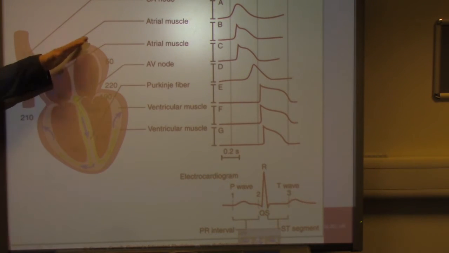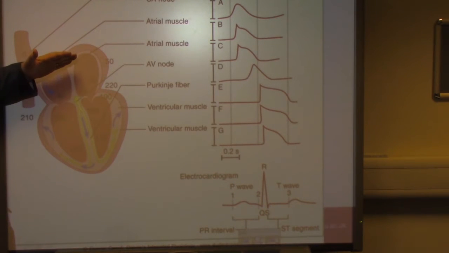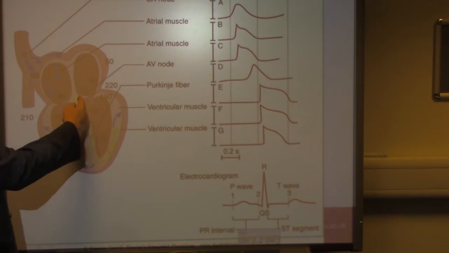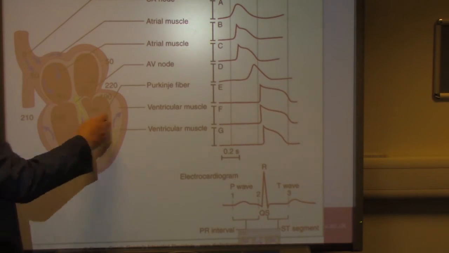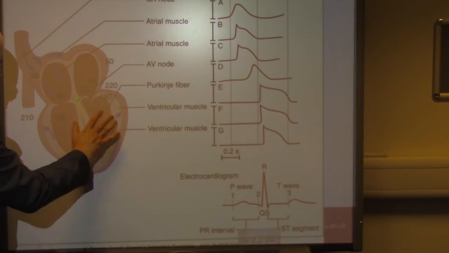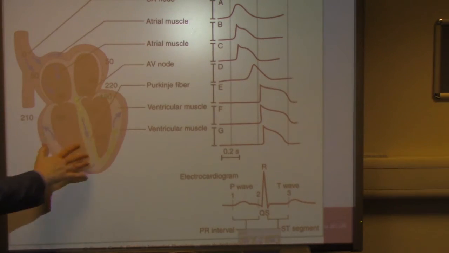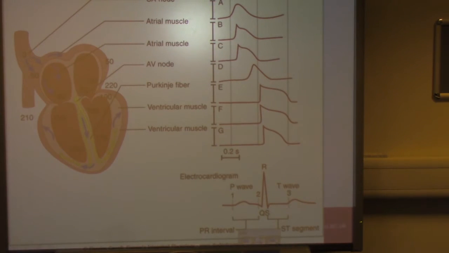The wave of excitation then reaches the atrioventricular node, which carries the electrical impulse from the atria to the ventricle, and it spreads down through the Purkinje fibers. And that sends the wave of excitation over the ventricles, causing them to contract. Ventricular depolarization as these cells become excited.